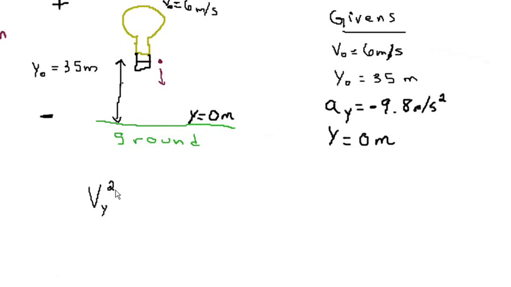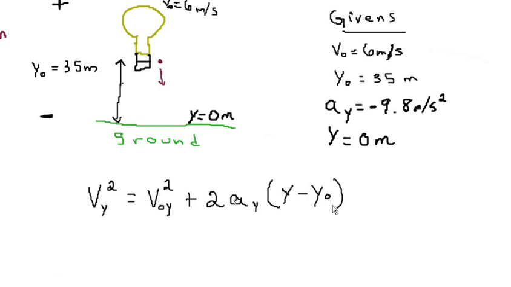Vy squared, and now I'm using y because the balloon is going in the up and down direction. This is no longer in the x direction. So Vy squared is equal to V initial in the y direction squared plus 2ay times y final minus y initial.